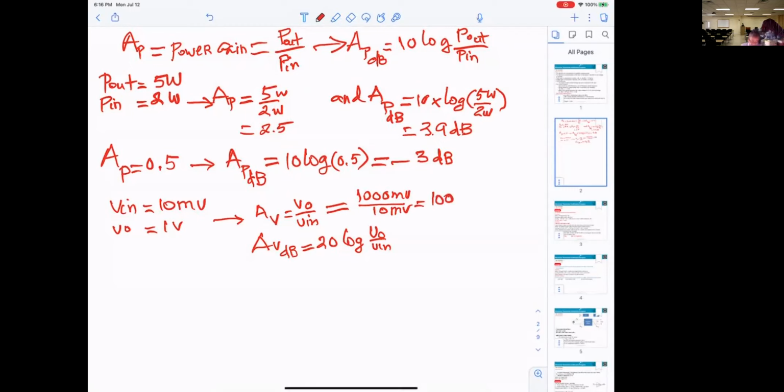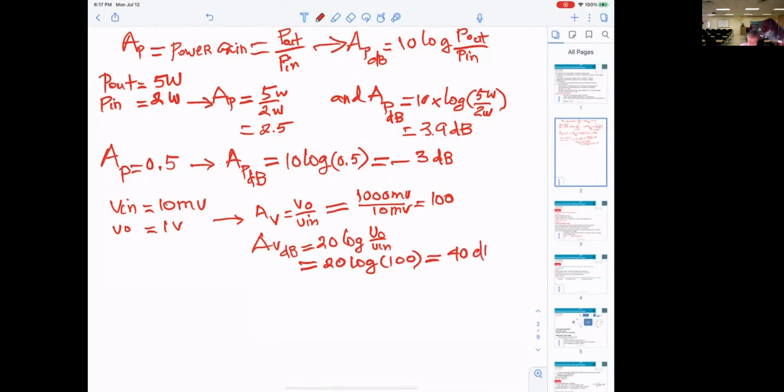And then in dB, it is 20 log of 100. See what you get. 40. 40 dB, right? Yes, right.